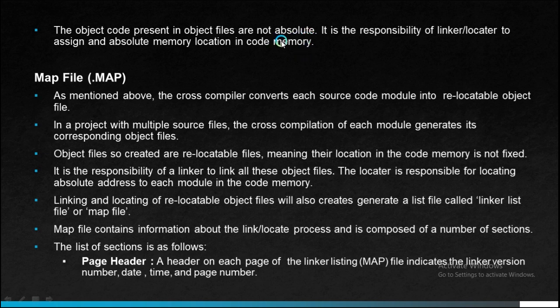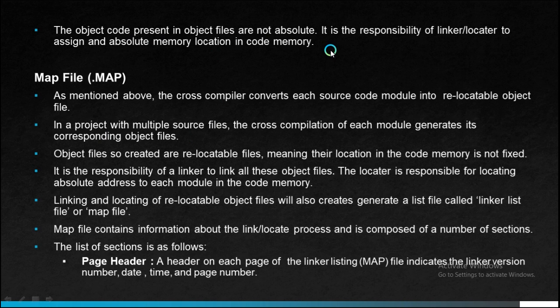From this we go to the next file that is generated during cross compilation, that is the map file, .map. As the name says, the map file contains all the information needed for mapping. Where does this mapping come in? I have already said that the object code doesn't have an absolute or fixed memory location.